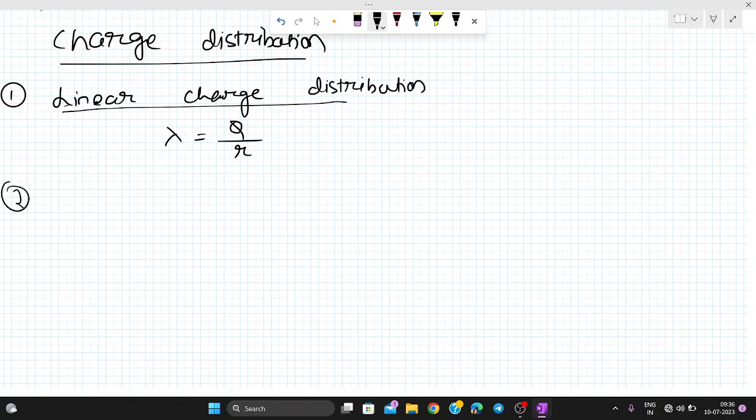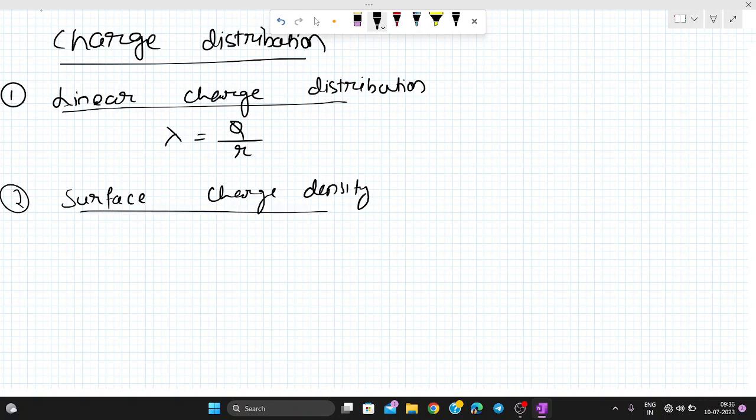The second one is surface charge distribution, or surface charge density. We show it as sigma is equal to q divided by surface area, that is s or a, whatever you can write.